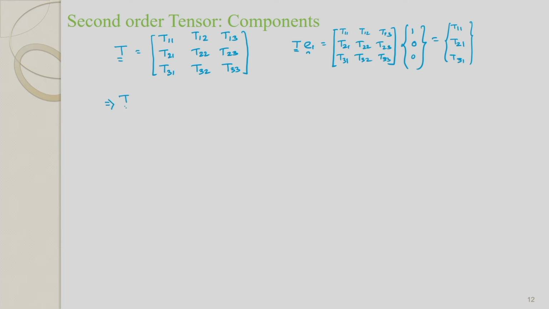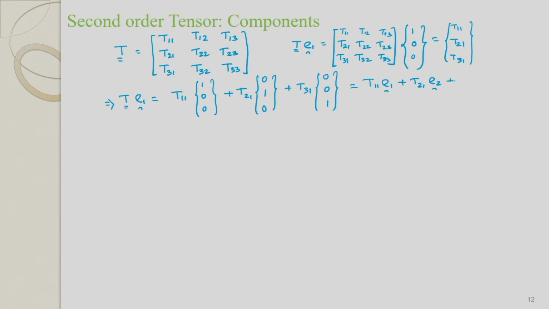We can further write it as T11 multiplied with 1 0 0, if we write as basis vector, now in indicial notation we can write it as Tj1 Ej, where there is a sum over this dummy index j.